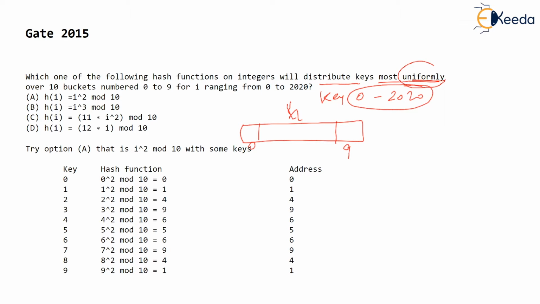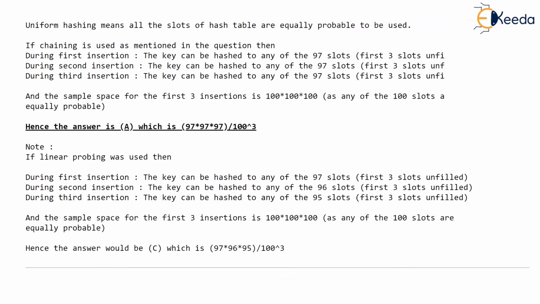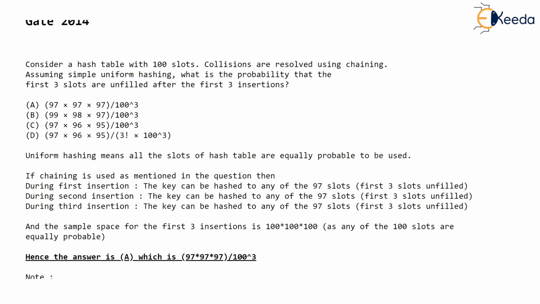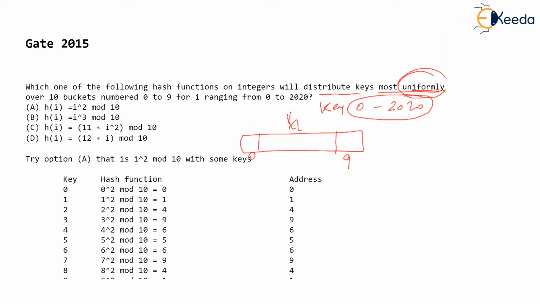Just check, this same word uniform we had in the previous question also. Just let me refer to the previous question again. Just check this. Assume simple uniform hashing, isn't it? And what I said about uniform hashing is that all the places in the hash table are equally likely to be used. Or rather, we will not have any element absolutely not used.